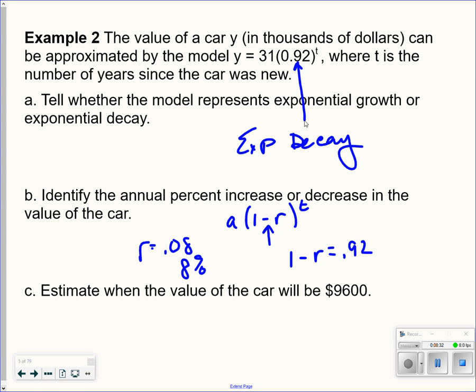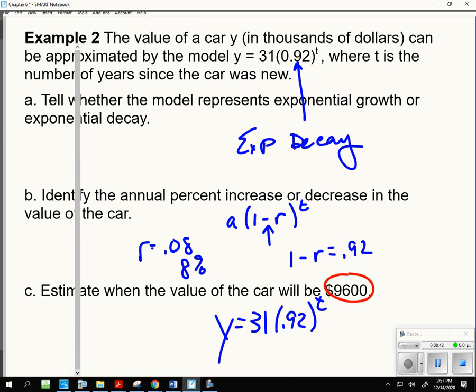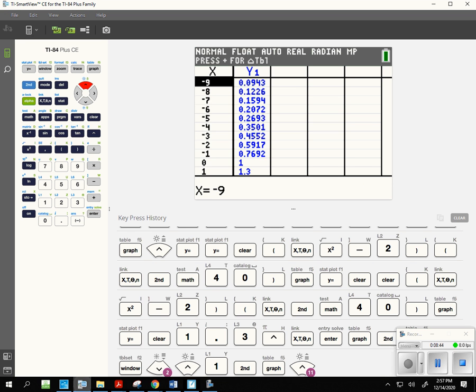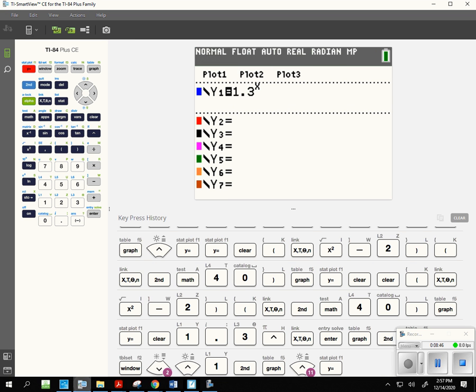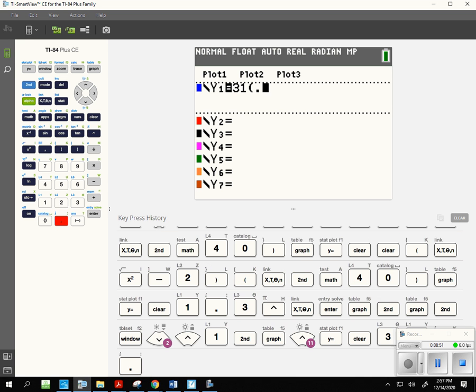And I want to type in y equals 31.92 times 0.92 to the t into my graphing calculator. And I want to estimate when it's going to be 9,600. So let's pull out a graphing calculator. Let's type that in. So y equals 31.92, we're going to raise that to the t power, or x.